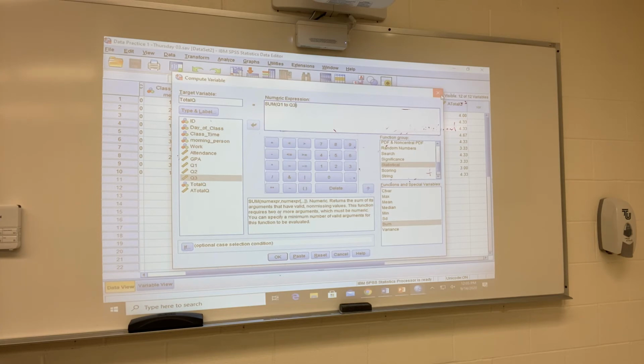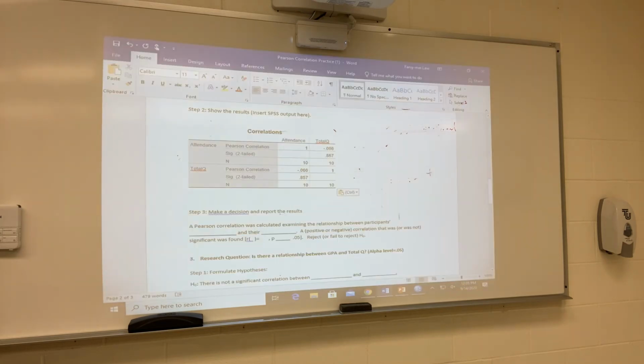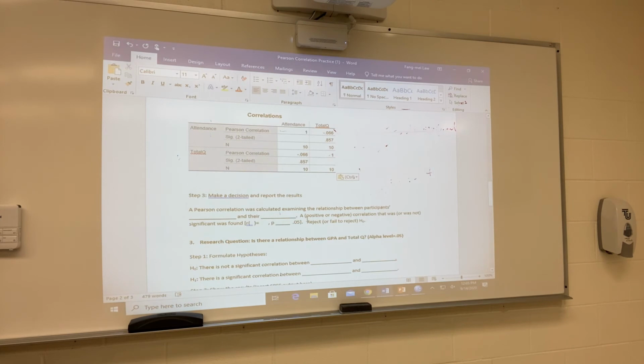Okay, and then run the correlation. For those of you who already got this, what's your decision? A Pearson correlation was calculated to examine the relation between participants' attendance and their total Q.